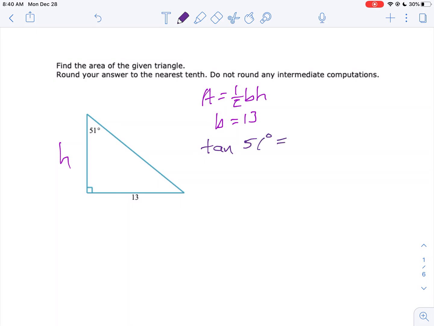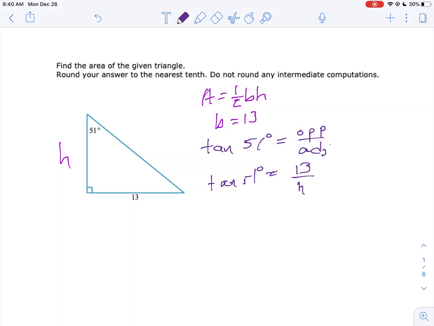is going to be the opposite over the adjacent. Well, plugging in the numbers, we know the tangent of 51 degrees then is the opposite, which is 13, over the adjacent, which we'll call h. I don't like h in the denominator, so I'm going to take the reciprocal of both sides.